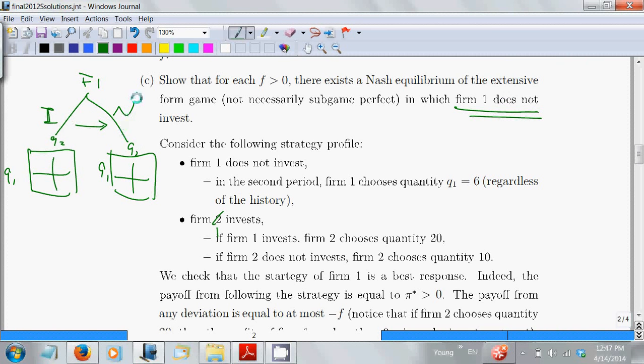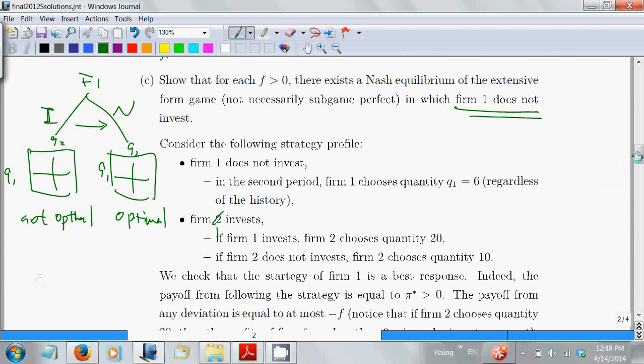So when firm two successfully pushes firm one to not invest, then firm two should behave optimally here. And firm two, as I said, should not behave optimally here in order to push firm one to not investing.